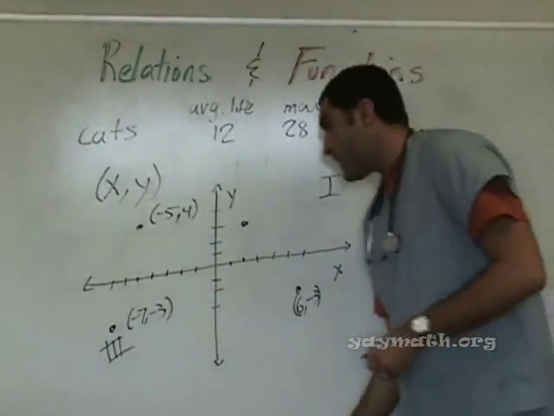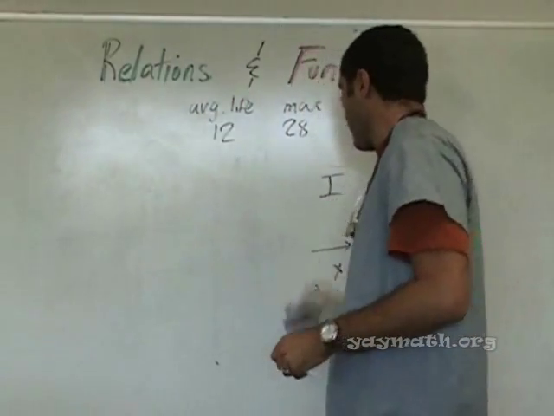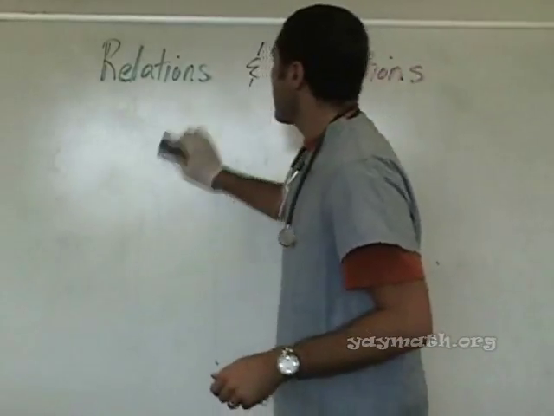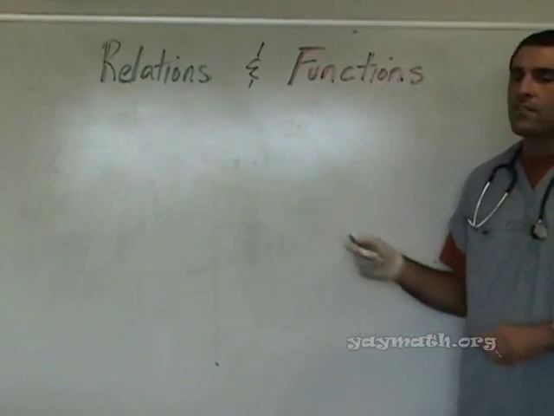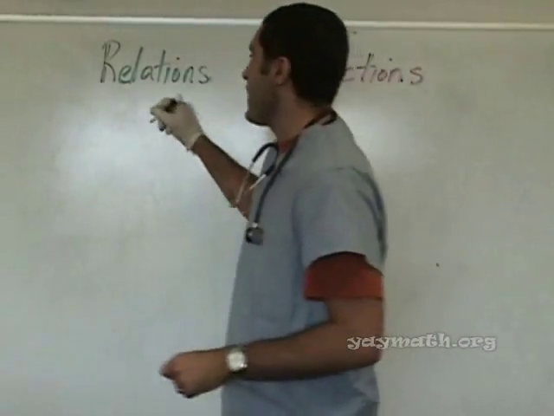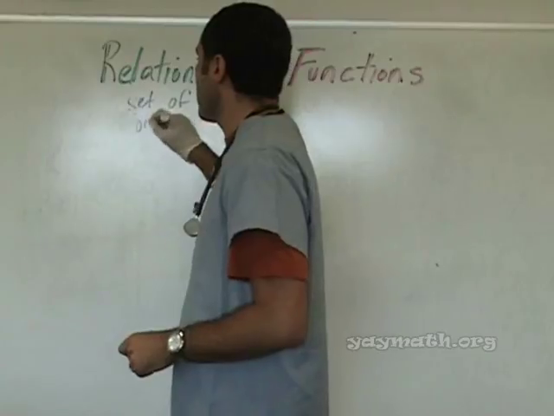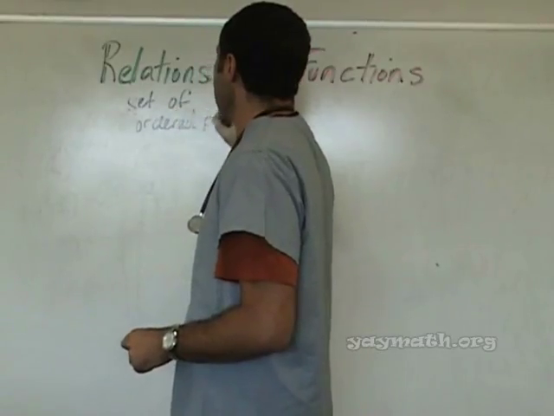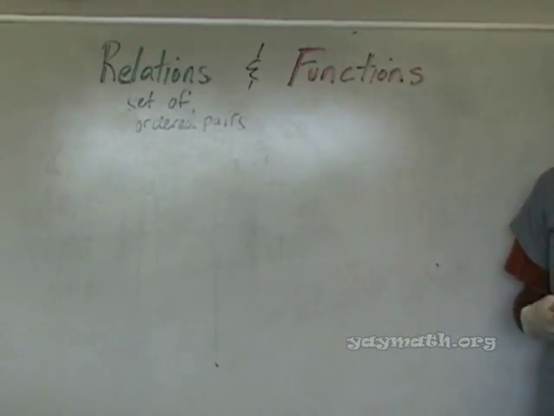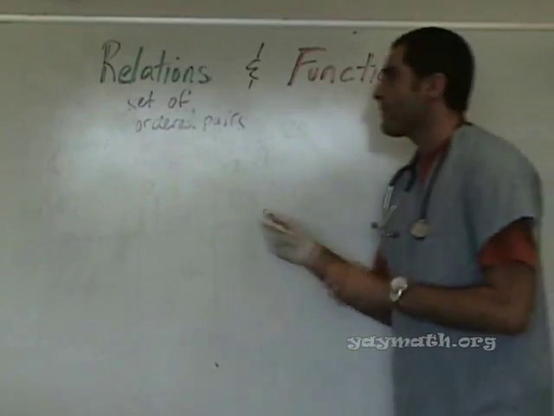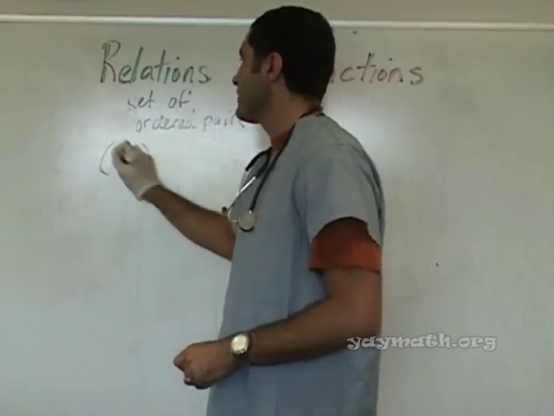Please flip the page to the next side. Now we're going to define what the term relation is. A relation is a set of ordered pairs. Let's come up with a set. I'll come up with 1, 2.